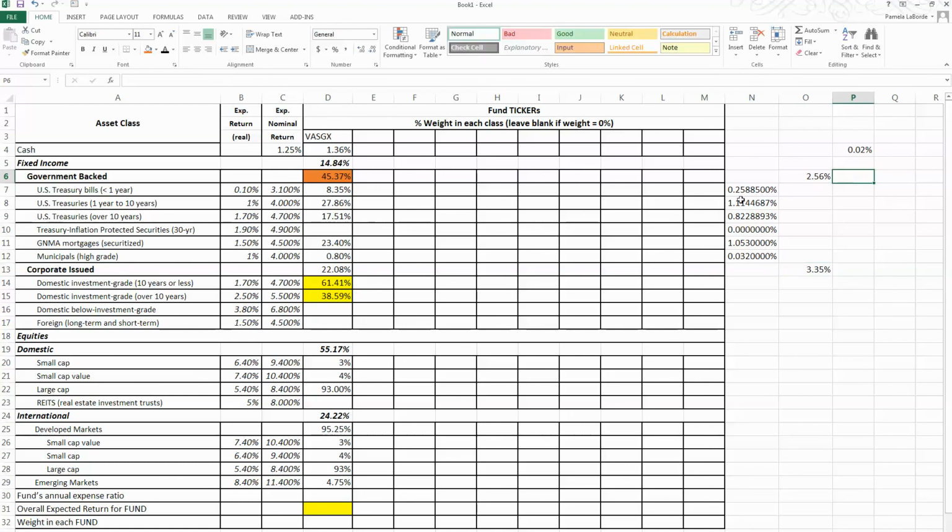But now it's time to consider the fact that government-backed and corporate-issued bonds only make up 14.84% of my portfolio. So here I'm going to sum this number and this number, and then multiply it by the weight that fixed income is of the whole Life Strategy Fund.